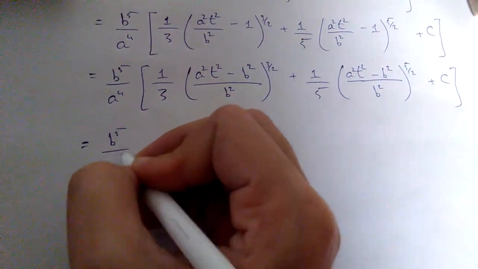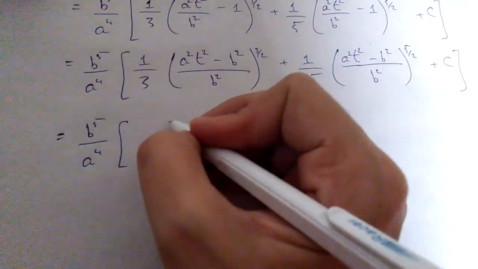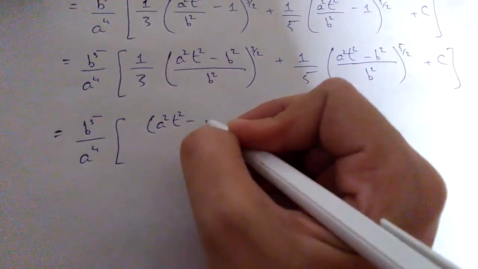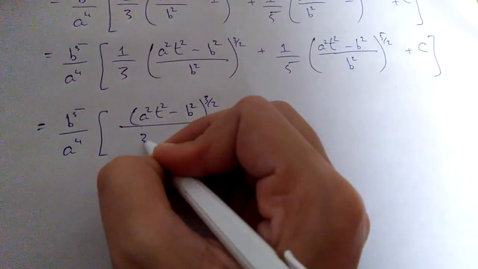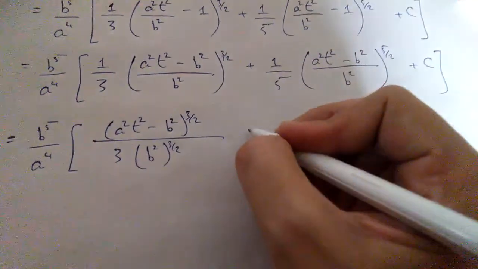So b power 5 upon a power 4, and it is going to be (a square t square minus b square) power 3 by 2 upon 3 times b square power 3 by 2.